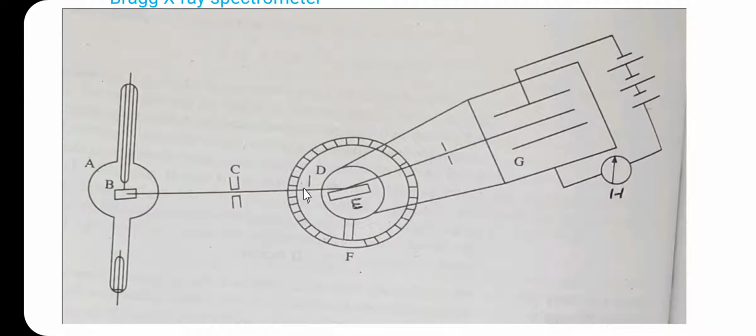The outcoming X-rays from the slits and the screen are directed to strike the face of the crystal E, which is mounted on the turnable table F.